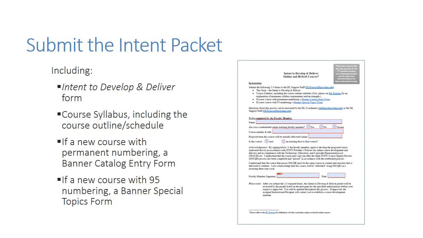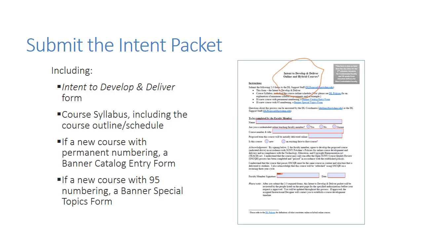The next step is to get the intent packets submitted. Often that will just really be the main form, which is this one here, and this is just the first page, though I think the form is actually only 2 pages, and this is done electronically.